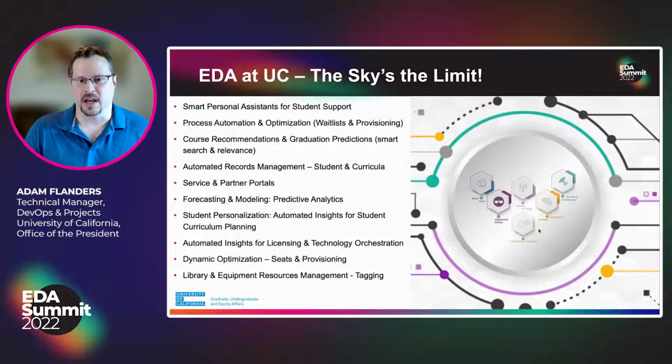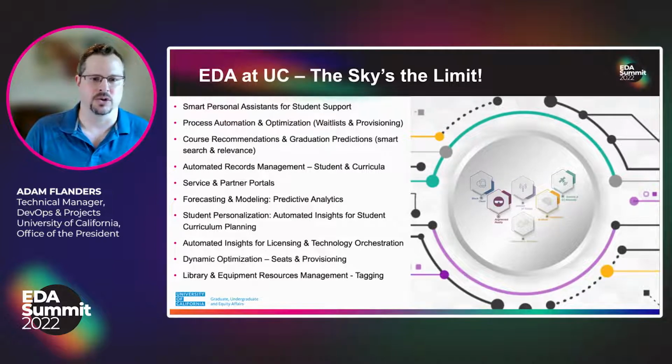I think with EDA, we are very much set up to take advantage of all of these new exciting future technologies that are happening, whether it's blockchain, AI, augmented reality, or Internet of Things.